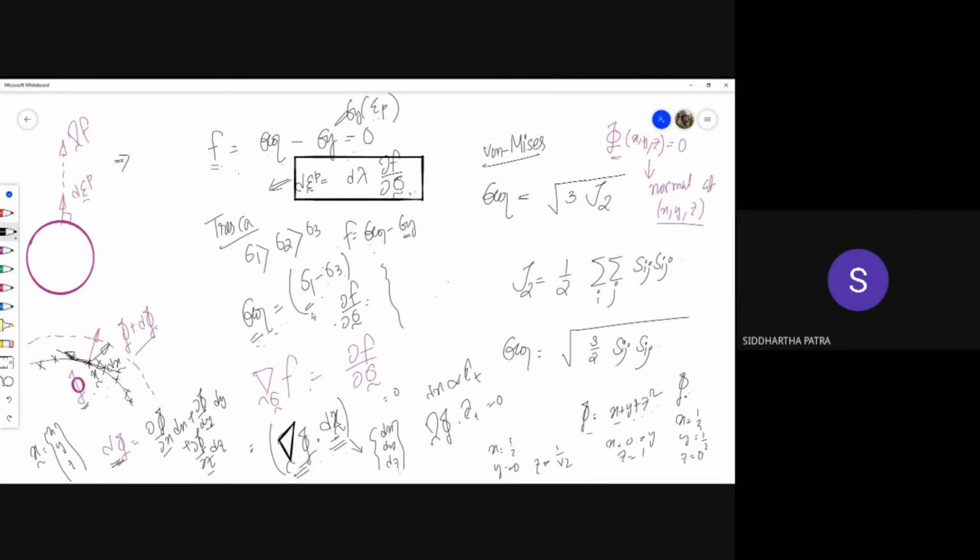Of course, you can take the derivative in the principal coordinate system or any arbitrary Cartesian coordinate system, but for the Tresca criteria let's choose the principal coordinate system.